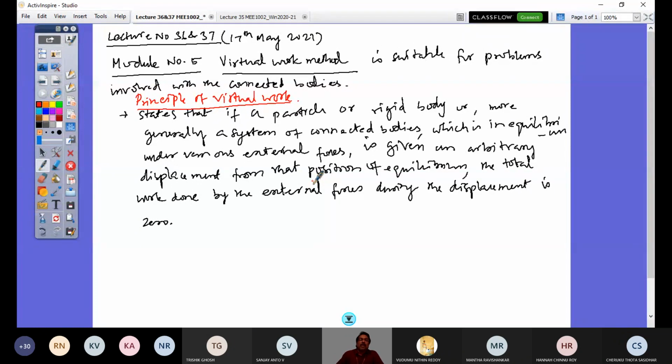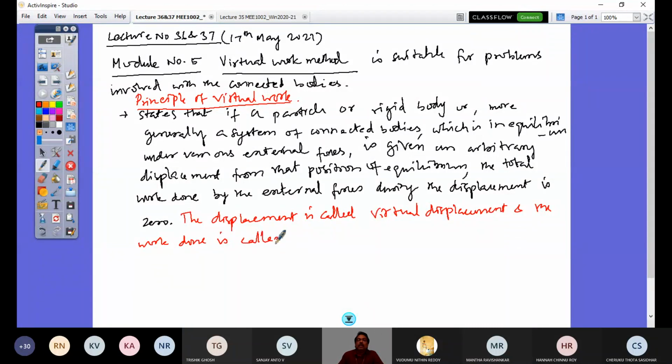So the displacement is called virtual displacement, and the work done is called virtual work done. When you say this virtual work done is zero, that means the displacements are not actually taking place.